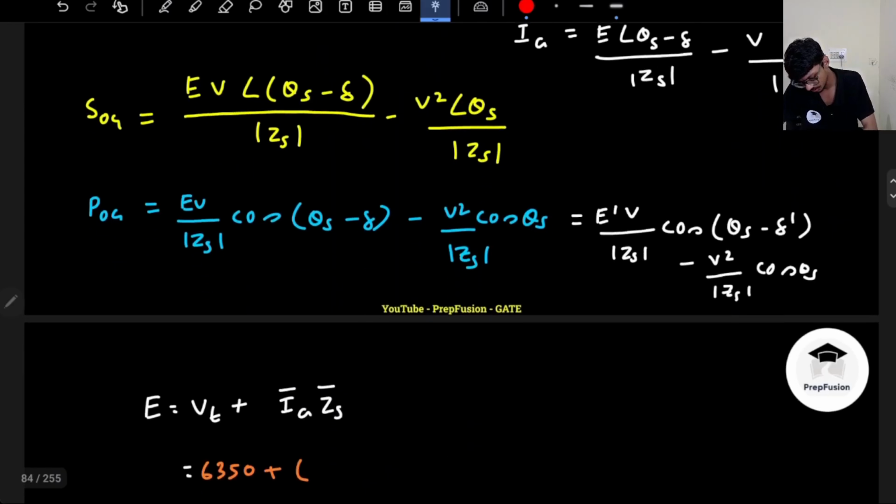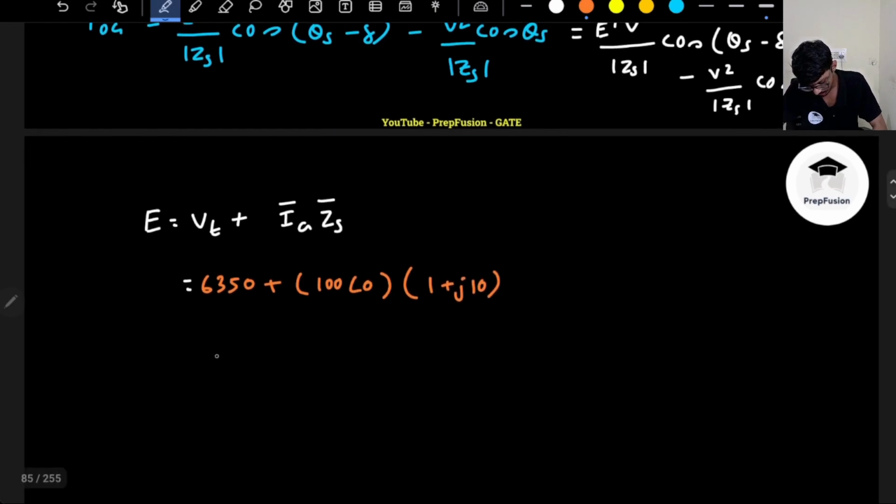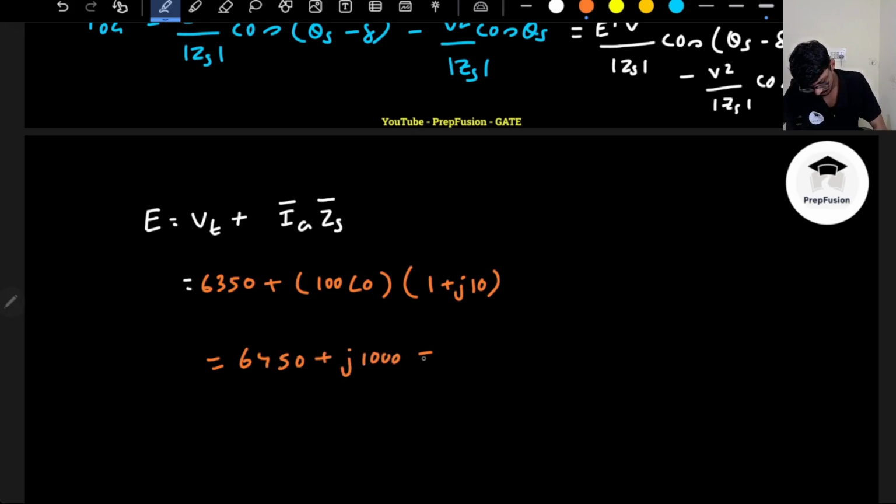So 100 angle 0. And what is ZS? ZS is basically 1 plus J10, right? So this will be 6450 plus J 1000.